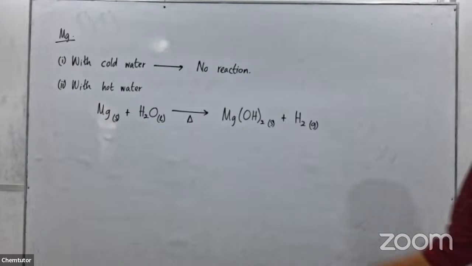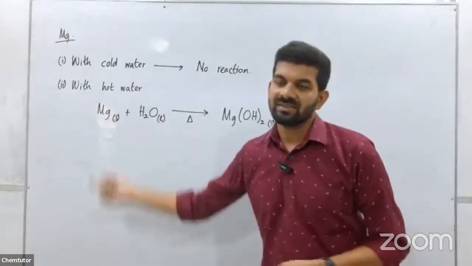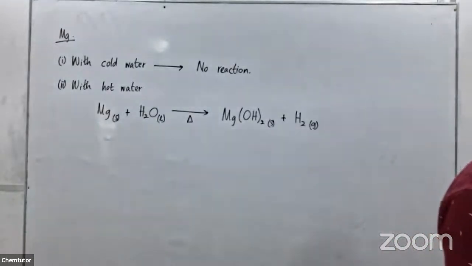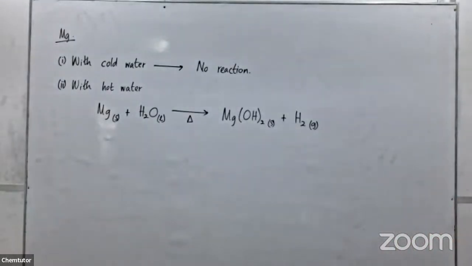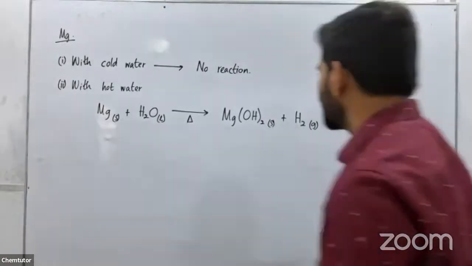So below this one, you can write down: magnesium reacts with hot water, giving a white gelatinous precipitate and a colorless and odorless gas.